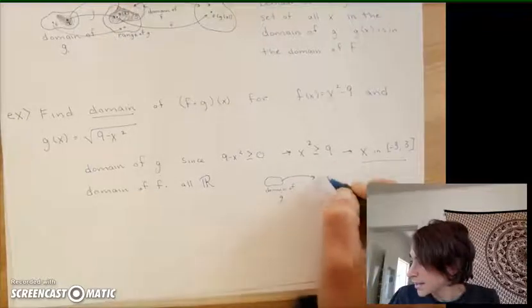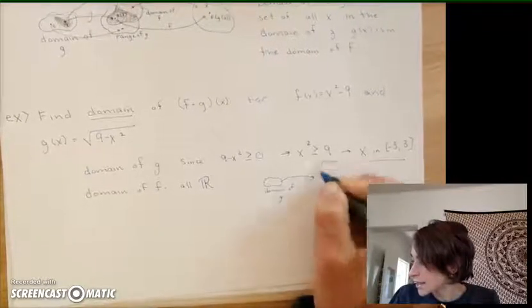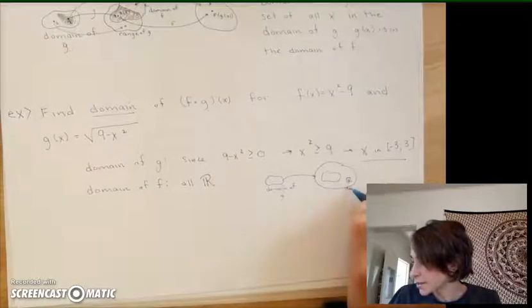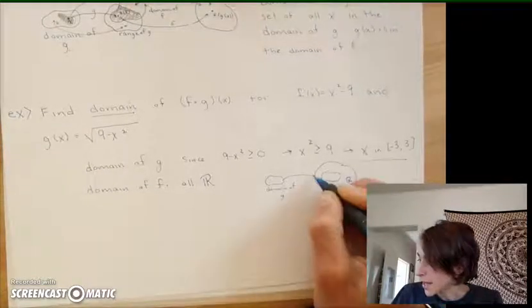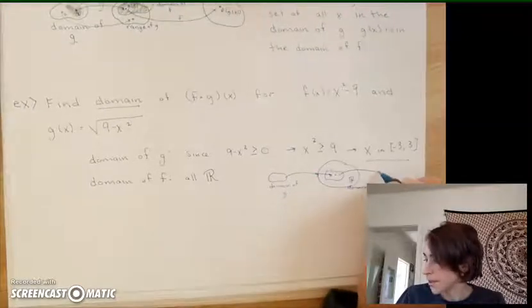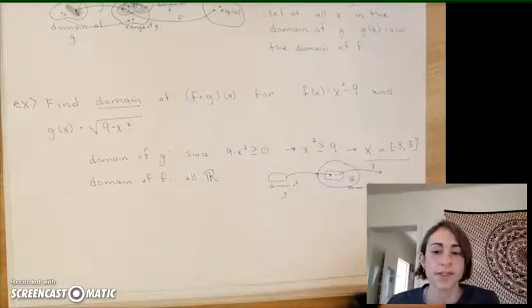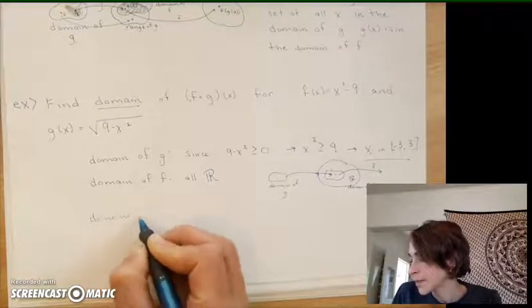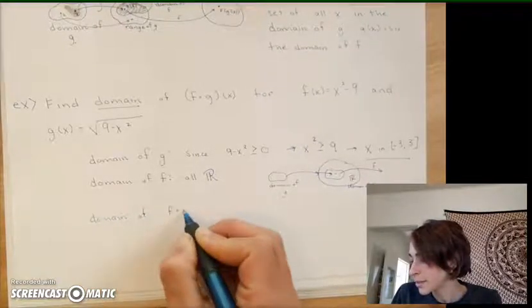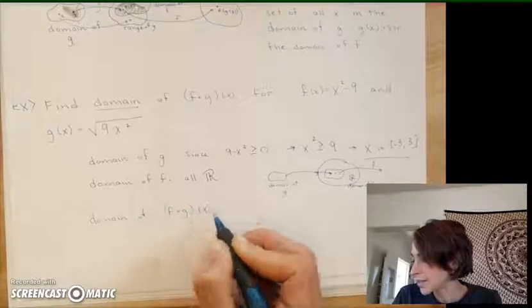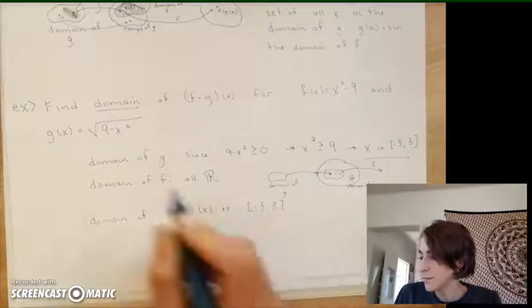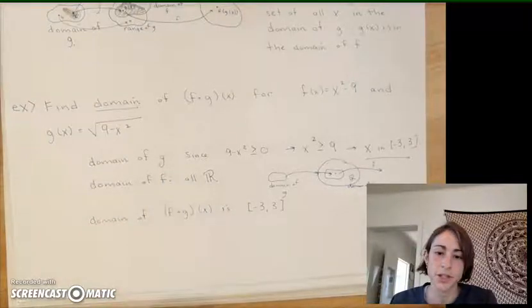I plug that in, and it's going to give me a set inside the domain of f, which is all real numbers. So anything I get as an output, I'll be allowed to plug into the f function. So that means the domain of f composed with g of x is -3 to 3. I'm restricted by what I'm allowed to plug into g.